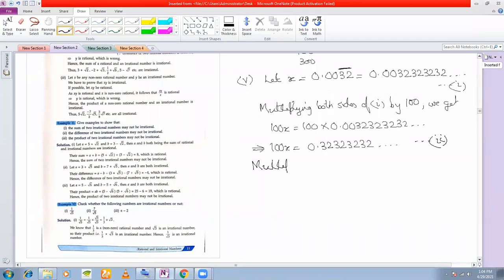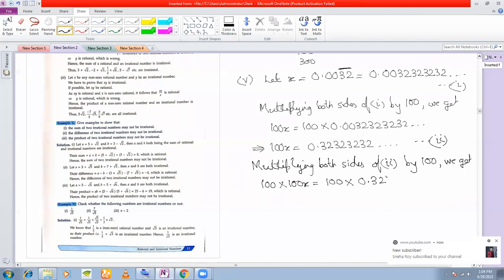Multiplying both sides of 2 by 100, we get 100 into 100x is equal to 100 into 0.32, 32, 32, and so on.